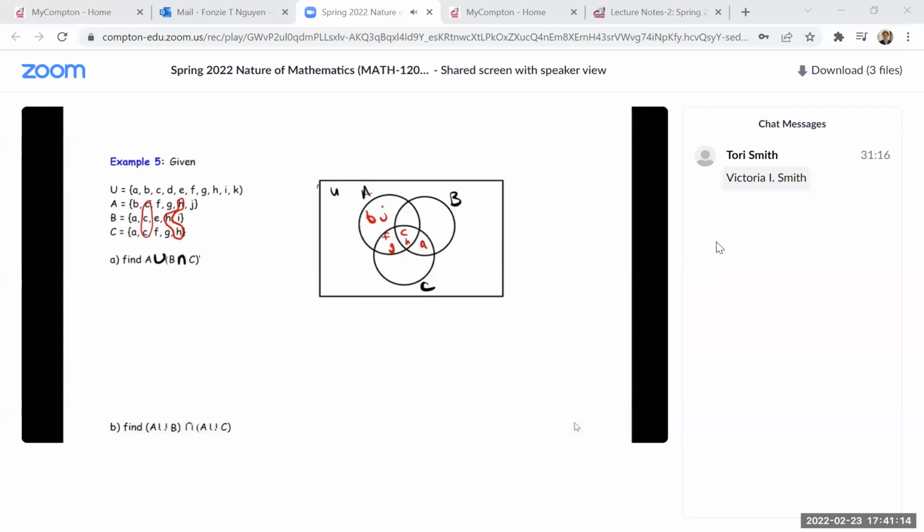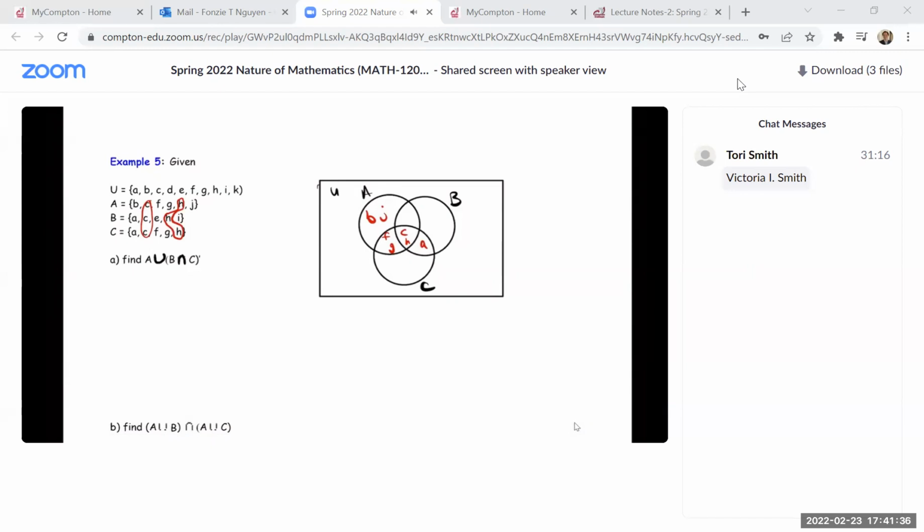Looks like E and I. And then the final one, C: A is already there, C is already there, F, G, and H are already there. So C is already complete.